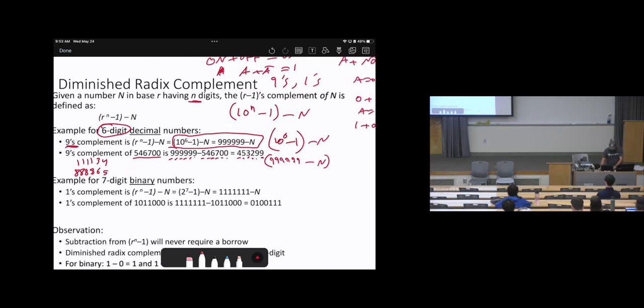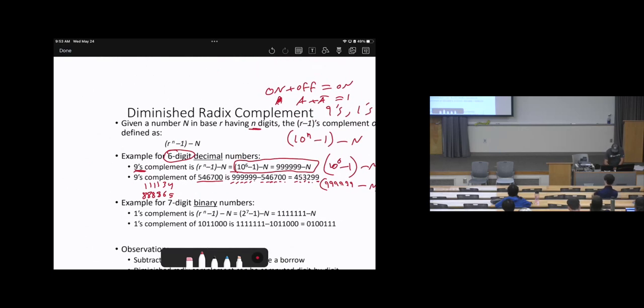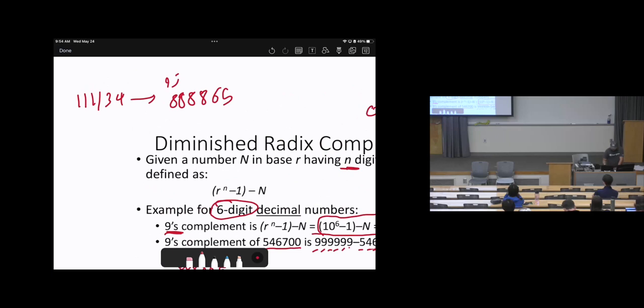What's the point of doing this? This is the number 1, 1, 1, 1, 3, 4, and we said the 9's complement is 8, 8, 8, 8, 6, 5. What's the point of this? We can say this is the negative number of it, and instead of putting a negative sign, we will represent it as this number.